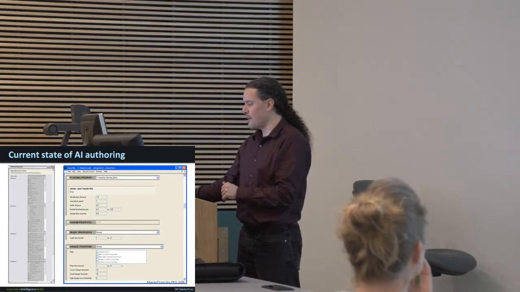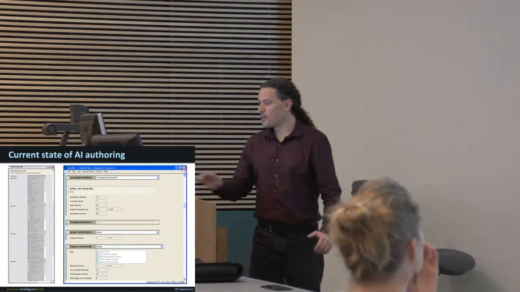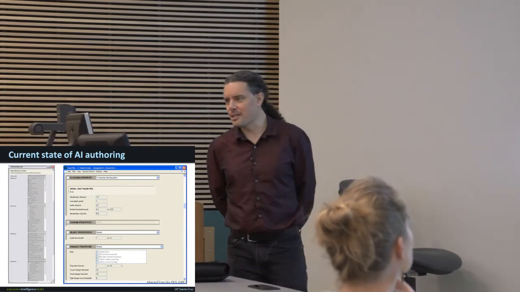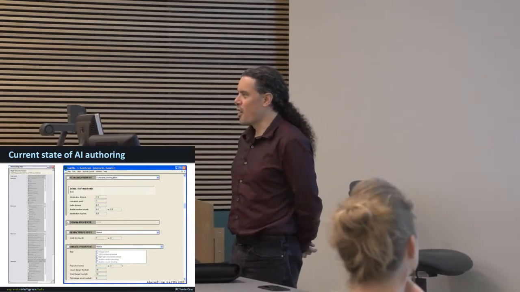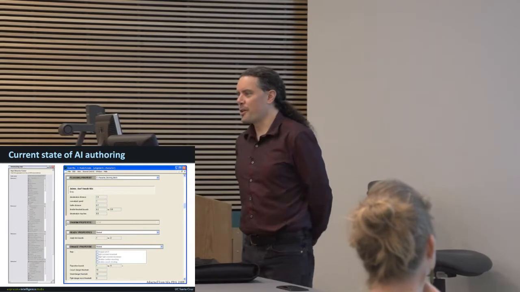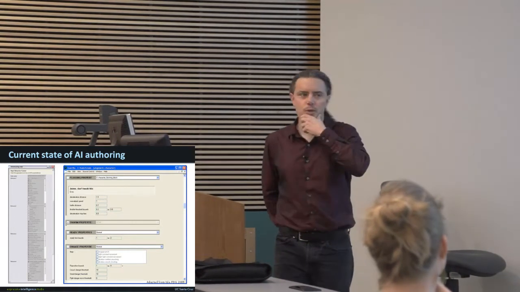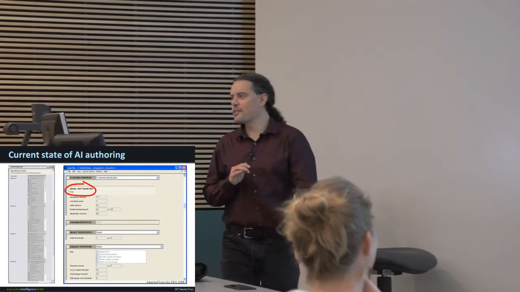So here's a screenshot from the current state of AI authoring. This is something that Damian shared in his talk. Typical AI authoring tools you find today look like things with a zillion checkboxes and a bunch of different text fields where you put in magical numbers, and fields like this one: Jamie, don't touch this ever.